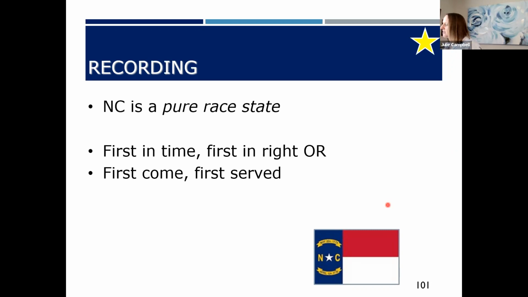Because Hanson recorded his deed first, he now has marketable title. Sands is out of luck. Sands may be able to sue Zackerman, but when they pull the public records, who are they going to find is the current owner of record? It's not Sands. It's the second one. It's a pure race state. The first one to get to the courthouse to record wins.